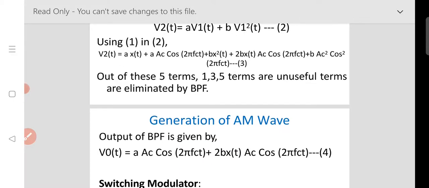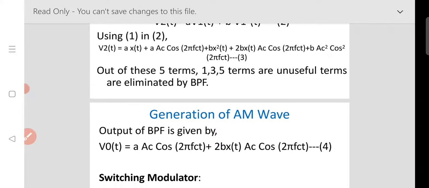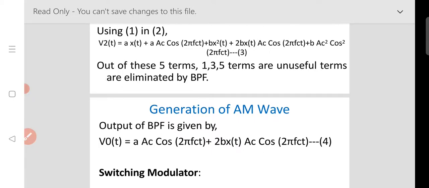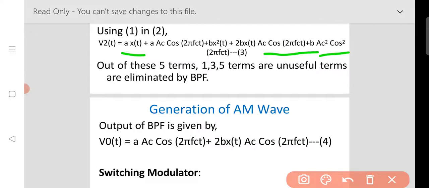We already discussed how it came. In the above equation there are 5 terms. Out of 5 terms, the 1st, 3rd and 5th terms are unuseful terms: the first is only the message signal, and the third term 2bx Ac cos 2 pi fct and the fifth term are unuseful because these are high frequency components. These are not necessary to us.